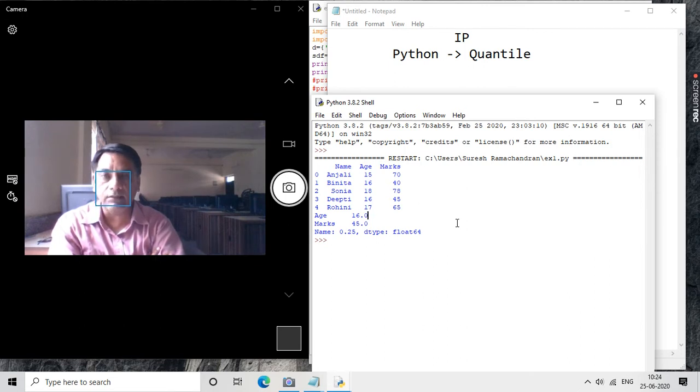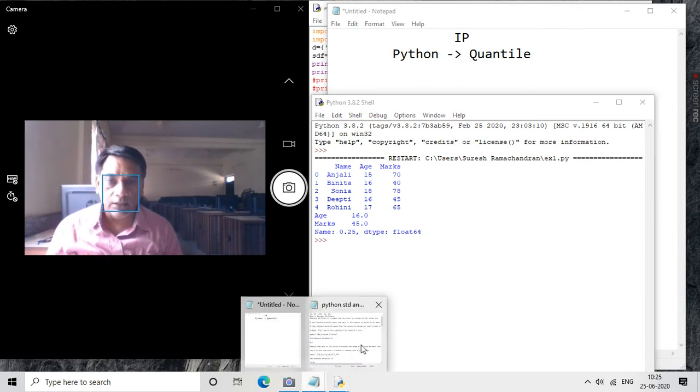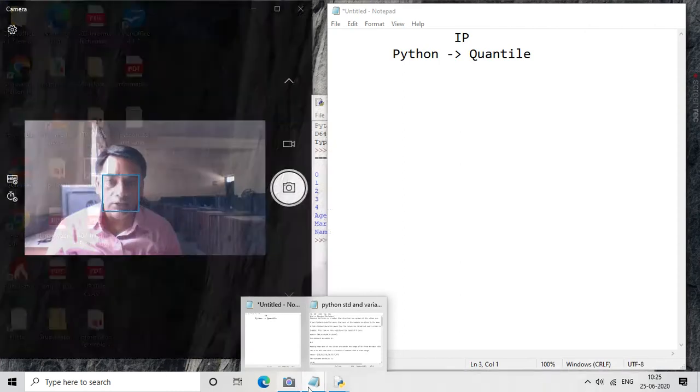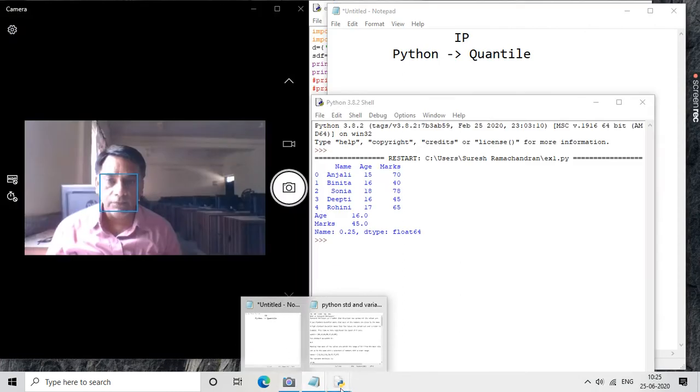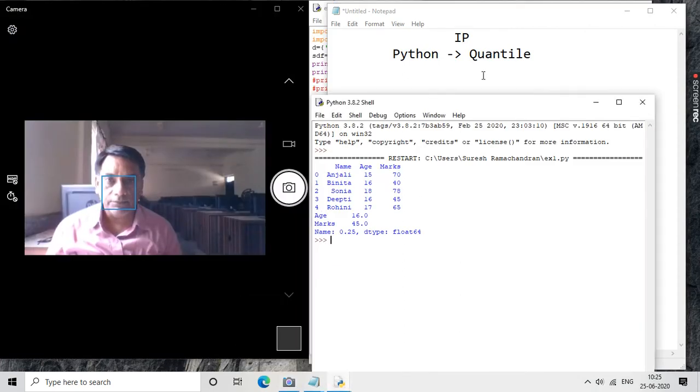This is the way the quantile calculates the statistical data. And along with this quantile, another two functions are very popular, that is standard deviation and variance. How can you understand these two things, standard deviation and variance?